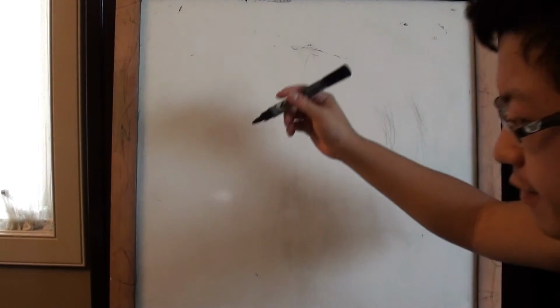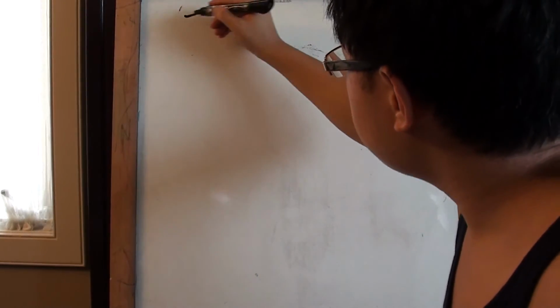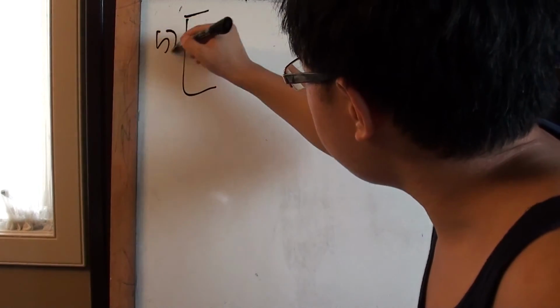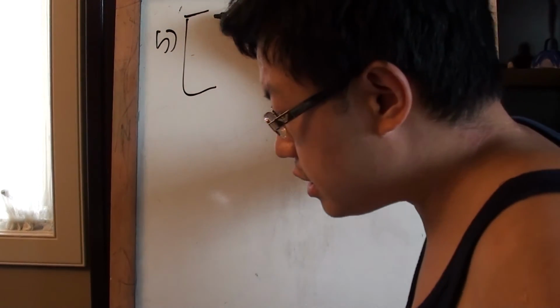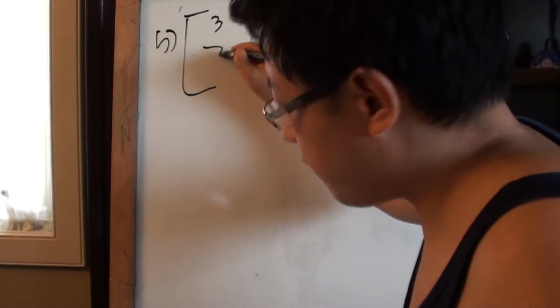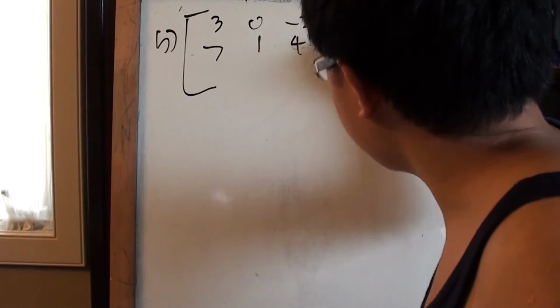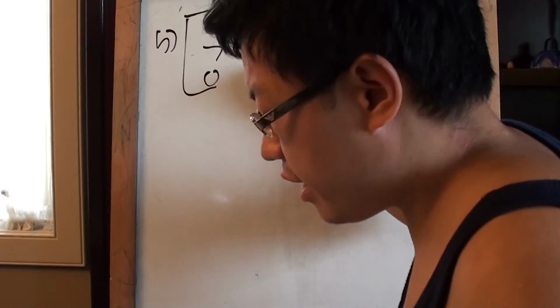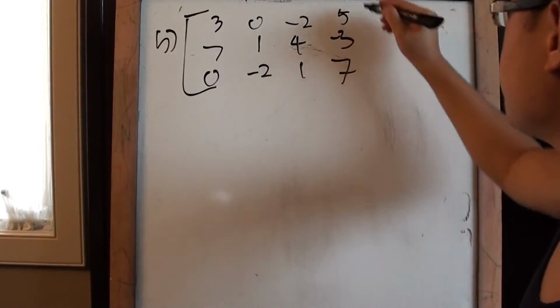So back to 5. I'm going to start with 6b. That is 3, 0, negative 2, 5, 7, 1, 4, negative 3, 0, negative 2, 1, and 7.